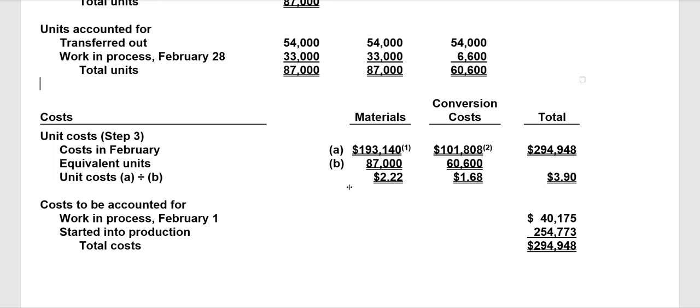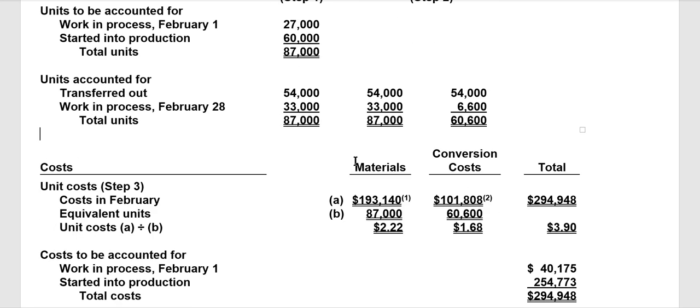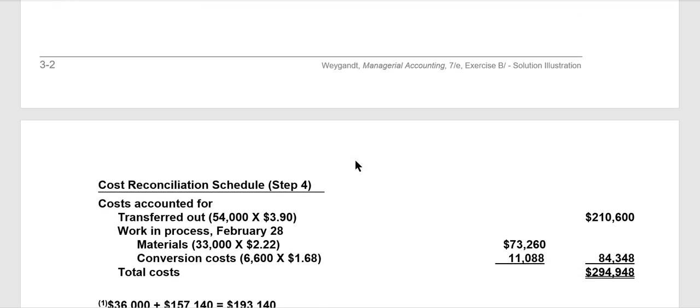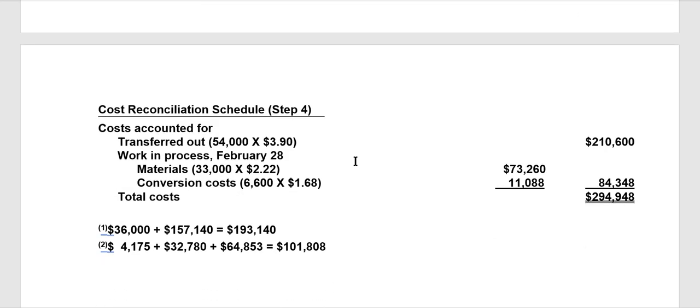Step 3 is where you calculate your cost per equivalent unit. And so what we do here is we take the total direct materials, which would be the beginning direct materials, plus the materials added during the month. So we started out with 36. We added 157 and 140, so we have 193,140.